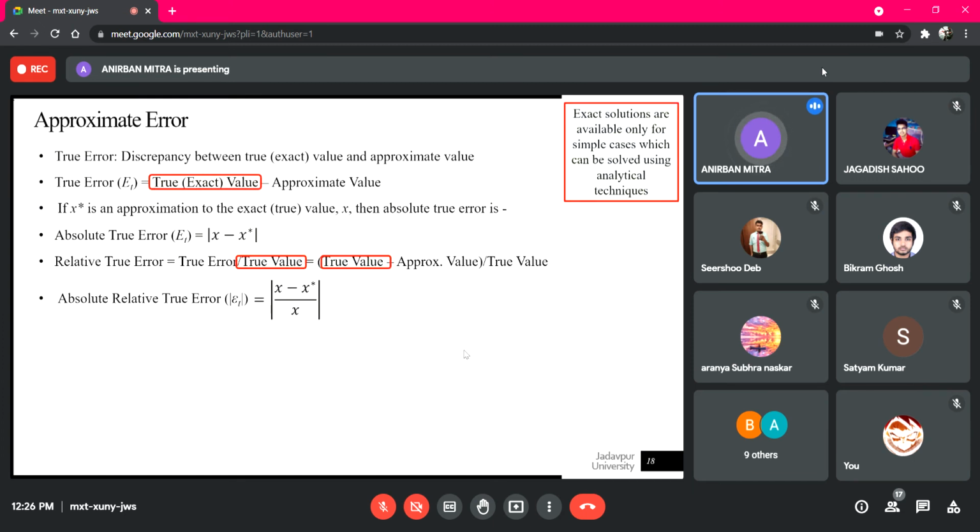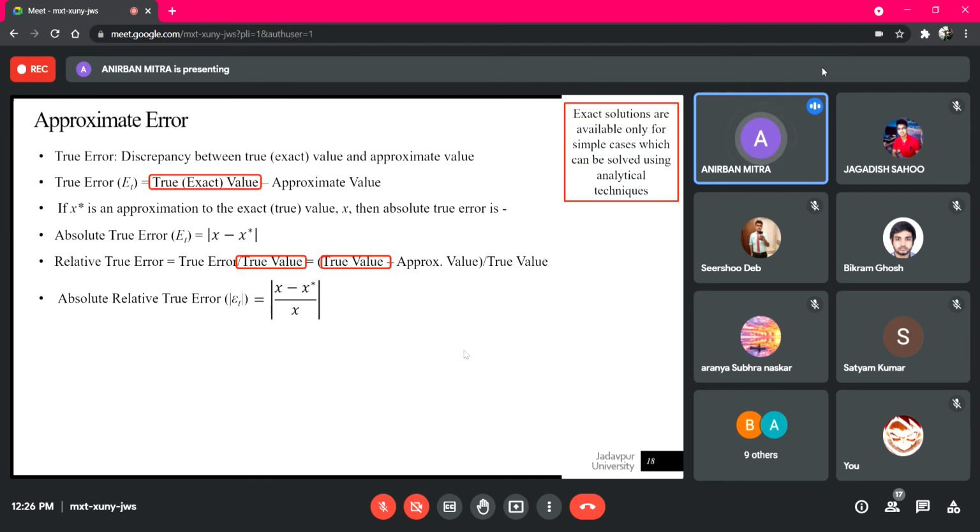Numerical analysis takes up more importance when analytical techniques fail, when these techniques cannot provide us with exact solutions. Now, we do not know the exact solution. So what do we put in these definitions? If you do not know the true value or the exact value, then how do you calculate true error or even relative true error? That is not possible.